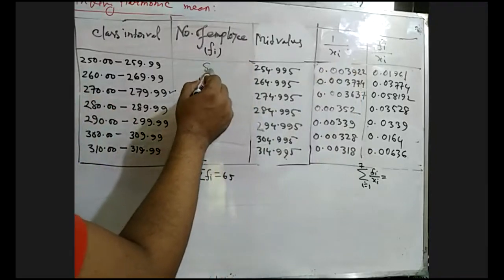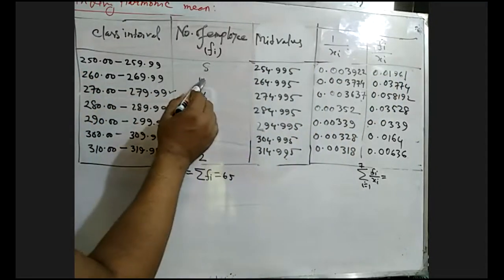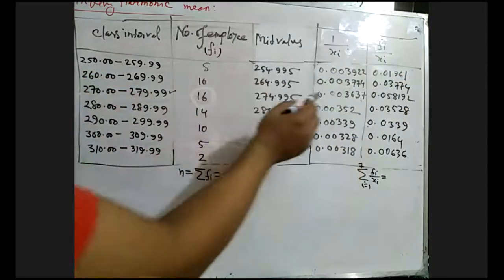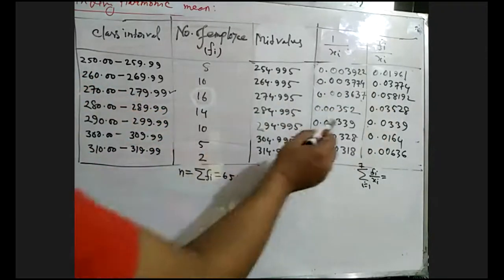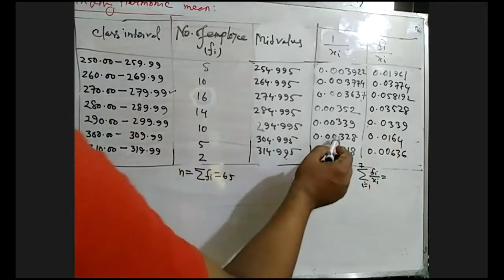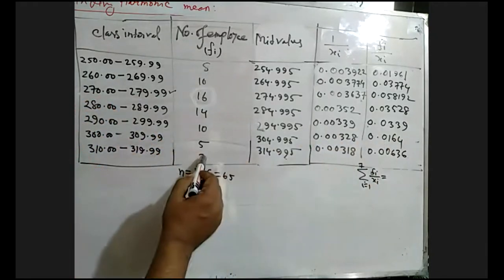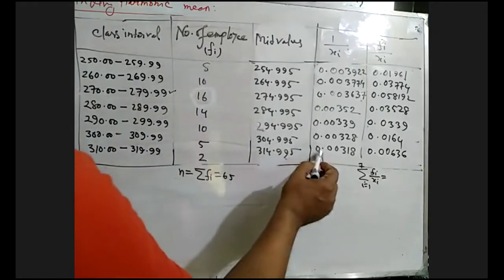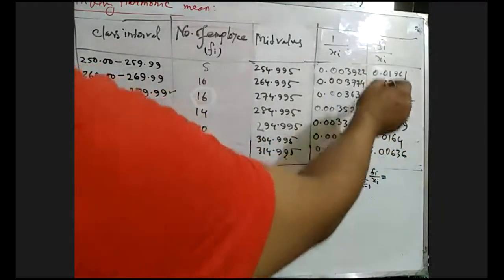The frequency of the first class interval multiplied by this will be this, and for the second class, 10 multiply this 1 by xi will be this one, 16 multiply this will be this, and 14 multiply this will be this, 10 multiply this one will give this, and the second last, 5 multiply this one for this, and 2 multiply this, then we will give the seventh class, 2 multiply 0.00318. Now fi divided by xi will be this last column.